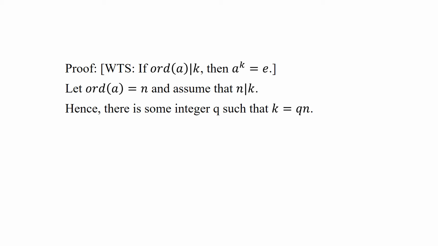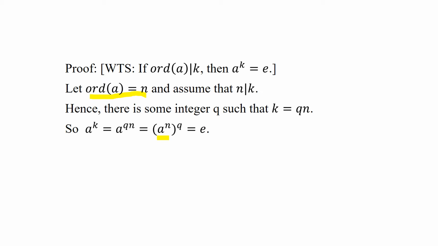And let's see what happens when we take a and raise it to the qn power. Well, a to the qn power is then a to the n to the q. We're using our laws of exponents here. And a to the n, we know, because the order of a is n, a to the n is the identity. So I've taken a to the k, it is the identity, and that's really what I wanted to show. If the order of a is a factor of k, then a to the k is the identity.